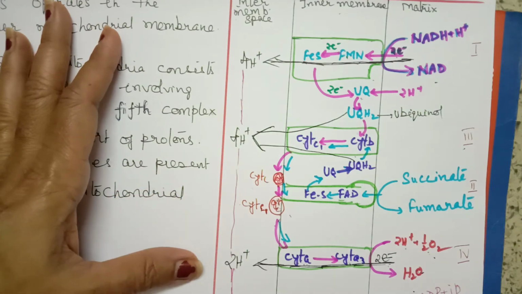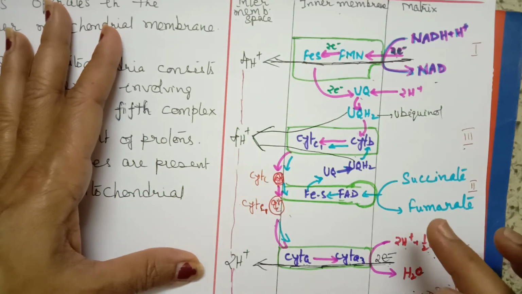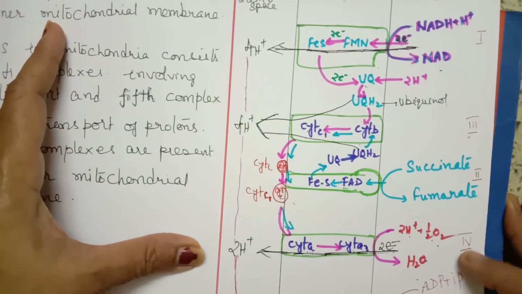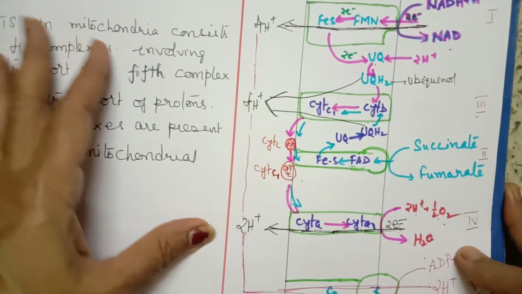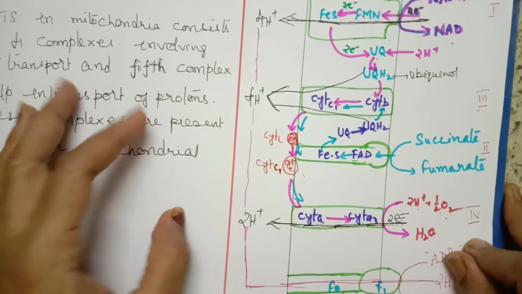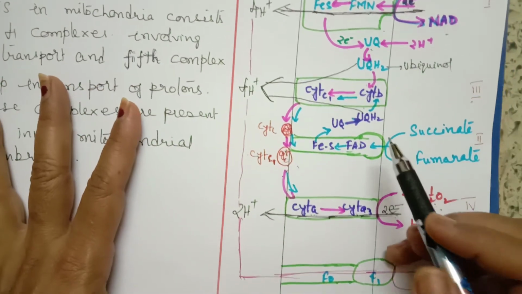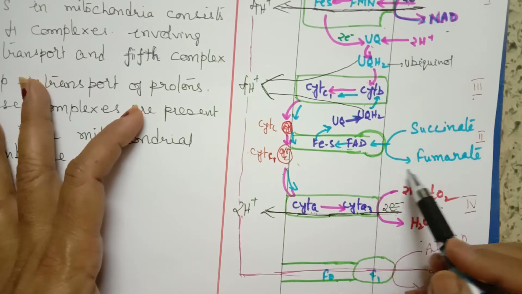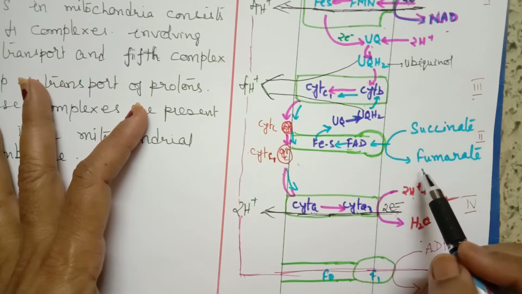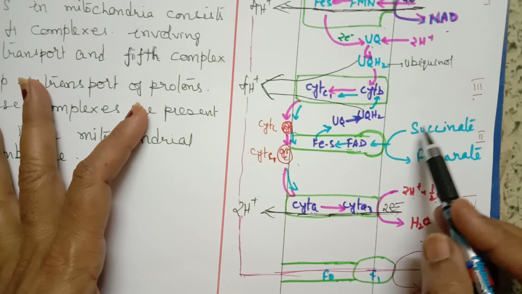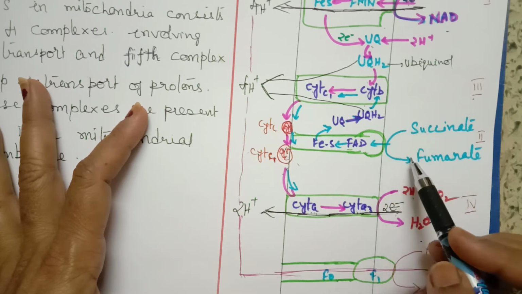Okay, I hope it is clear. Same thing now FADH2. When FADH2 from matrix has to be oxidized, FADH2 also has to be oxidized to release energy. The FADH2 will enter through the second complex, that is succinate dehydrogenase complex.